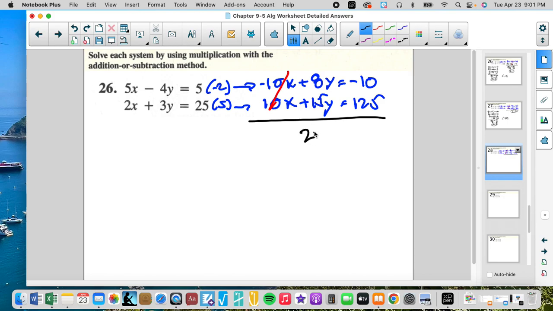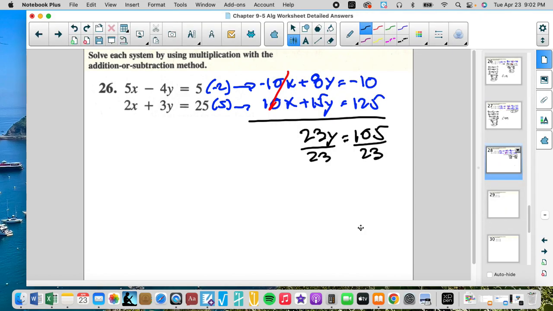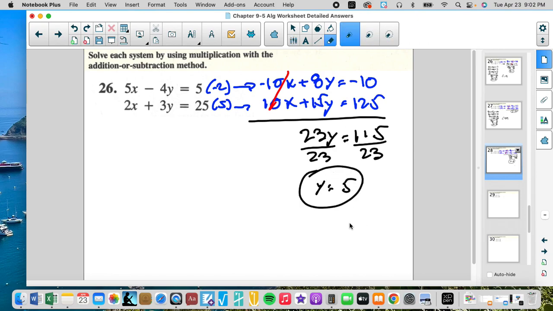That is 23y equals 105. 105 divided by 23. I'm going to assume that goes in 5 times. 23 times 5 equals 115. And then if I did the math correctly, I would get 115. So thank you, calculator, for helping me. y equals positive 5. Sorry about that.